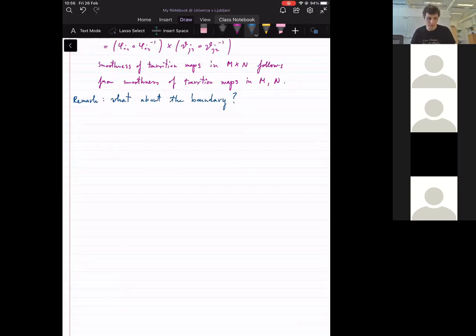So let's write some stuff down regarding this. In the category of topological manifolds, there is no issue.